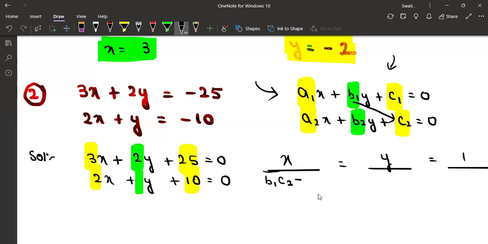Tell me, next. b2 into c1. Yes, और अगर आप हर बार ऐसे फॉर्मूला बोलोगे तो आपको नेक्स्ट क्वेश्चन में समझ आ जाएगा अभी क्या करना है. Okay, so I hope you are getting what I am saying, right. b1 into c2 minus b2 into c1, x का काम हो गया.